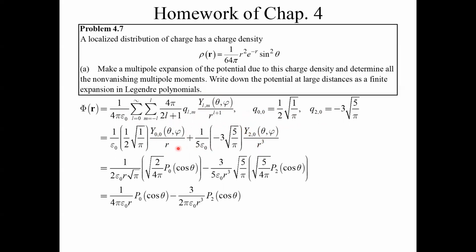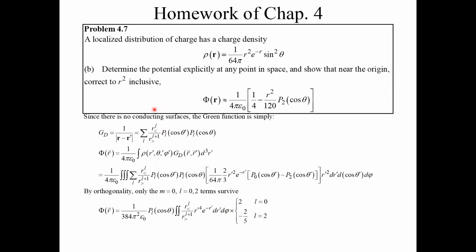And next, we apply the result and just sort our coefficients. And finally, we'll get the answer here. This is our potential in Legendre polynomials. So this is for part A.